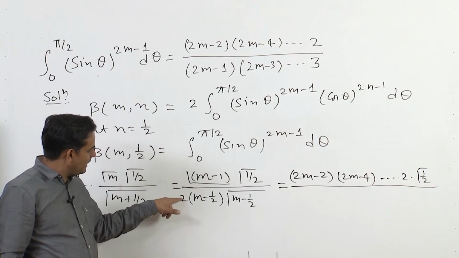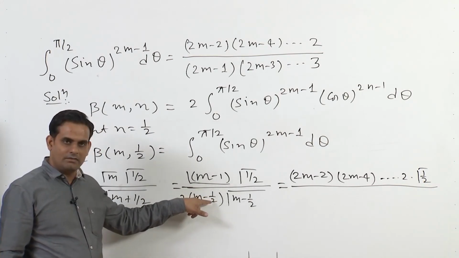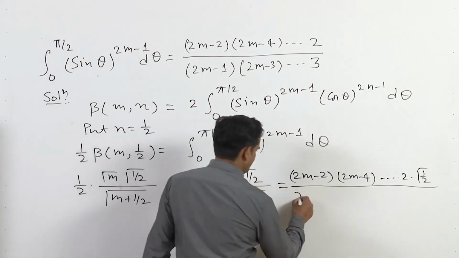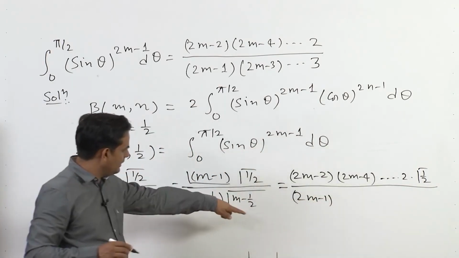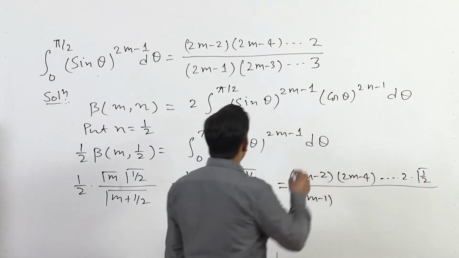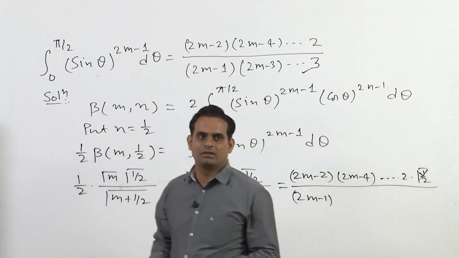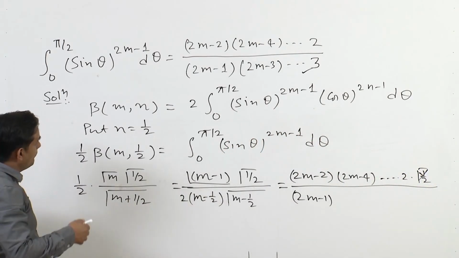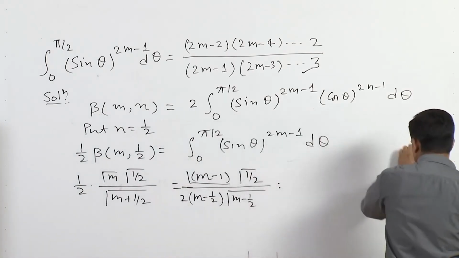So, if I multiply by this 2 in this one, it will become 2m minus 1. And then in this way it will keep moving on, I will get the required denominator and this gamma will be cancelled out. So, in this way I will get the relation given in the problem.